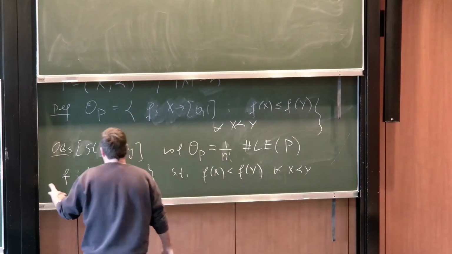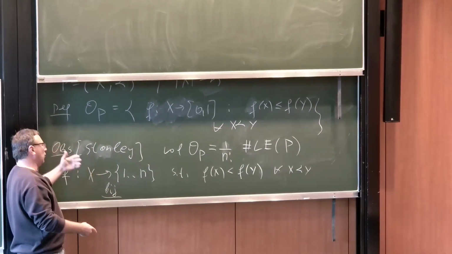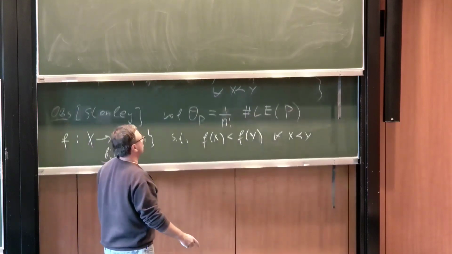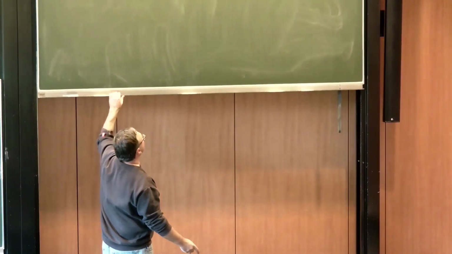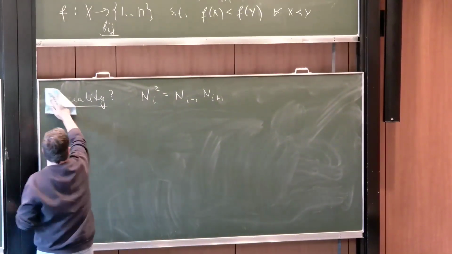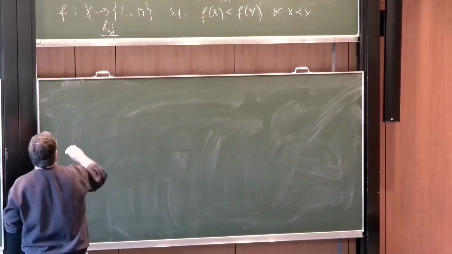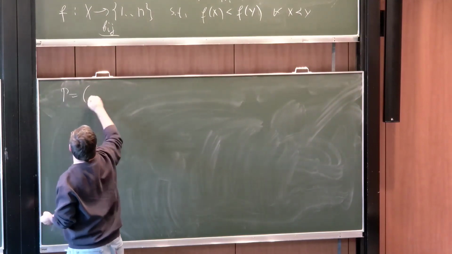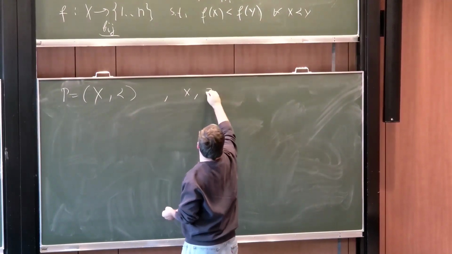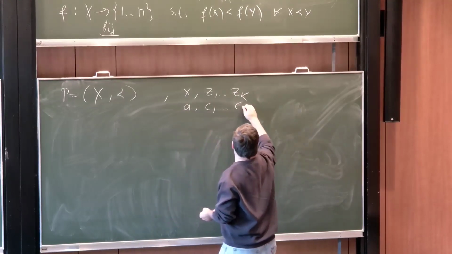And now when you do that, suddenly you can translate your inequality into poset terminology. Let me state what it becomes in this case, and this is what Ramon referred to as the generalized Stanley inequality. I'm going to use a slightly different notation. I'm going to fix an element x and elements z1 up to zk. I'm going to take a number a and numbers c1 up to ck.